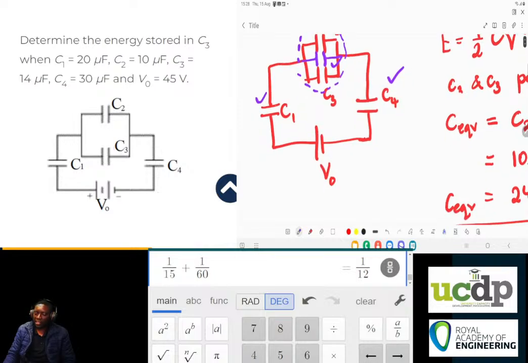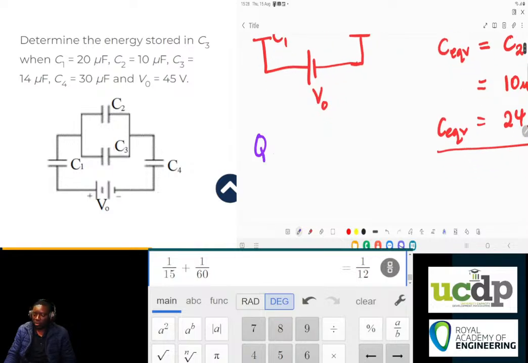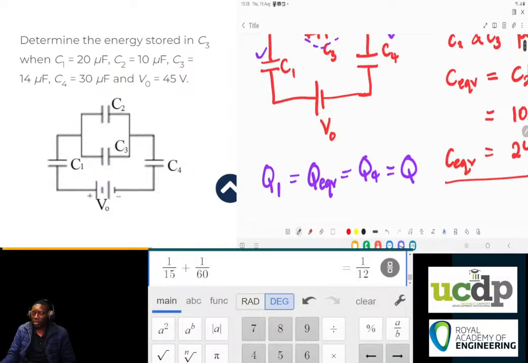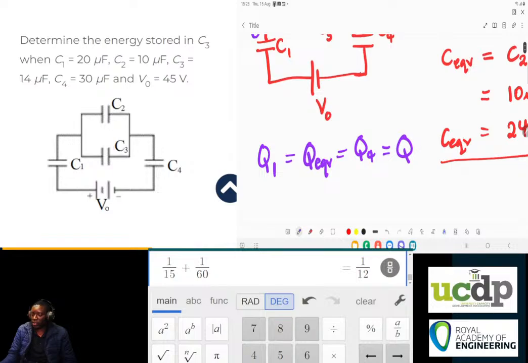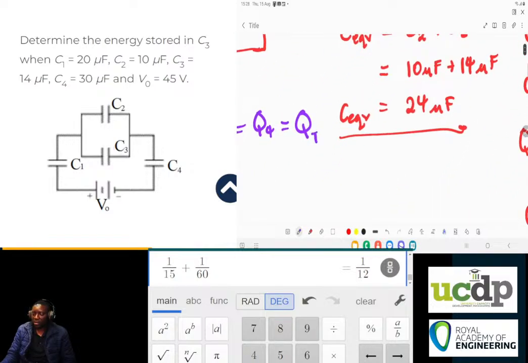So now this is a series connection, and in this series connection, Q1 is equal to Q equivalent, is equal to Q4, and is equal to Q total.